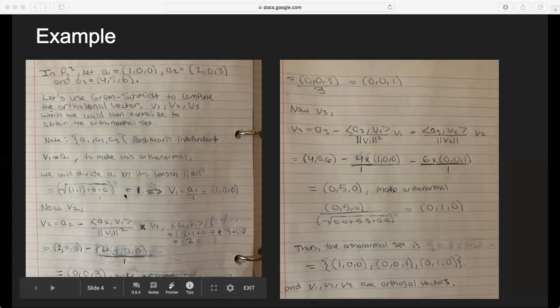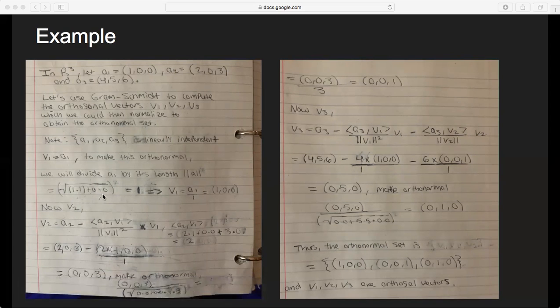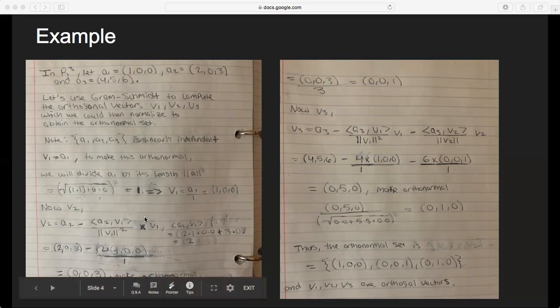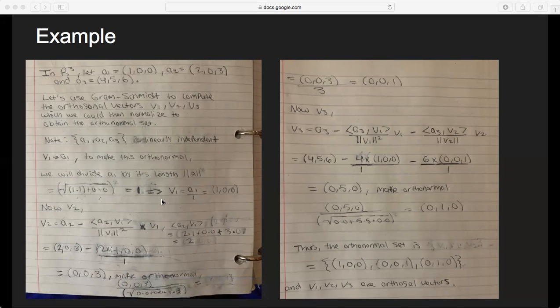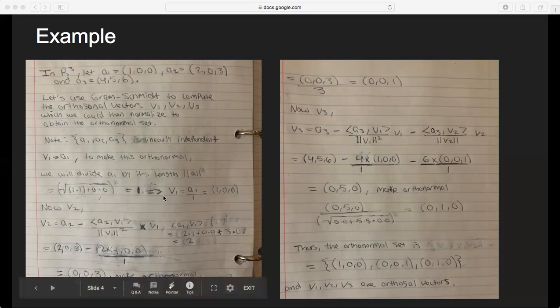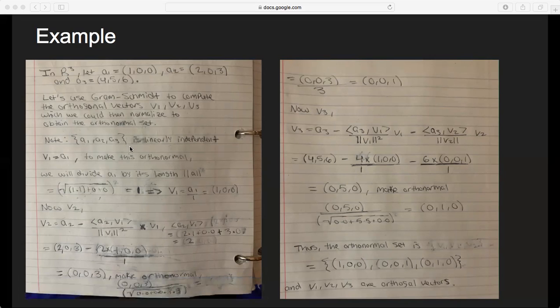We then discover that that is equal to (0,0,3). To make that orthonormal, we divide it by its length, and that gives us the orthonormal vector (0,0,1).